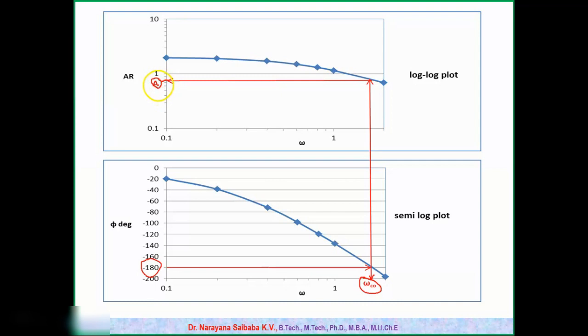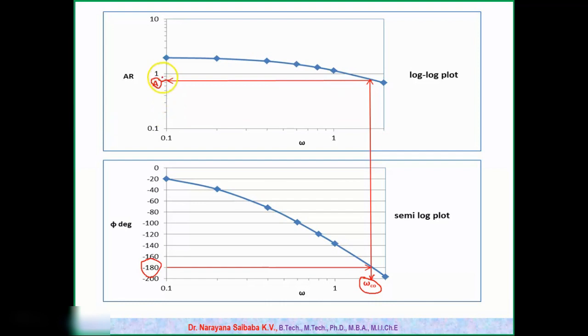Now we have to check whether this amplitude ratio is less than 1 or greater than 1. According to Bode stability criteria, a control system is unstable if the amplitude ratio at the crossover frequency is greater than 1. But here we got an amplitude ratio less than 1, somewhere around 0.8.